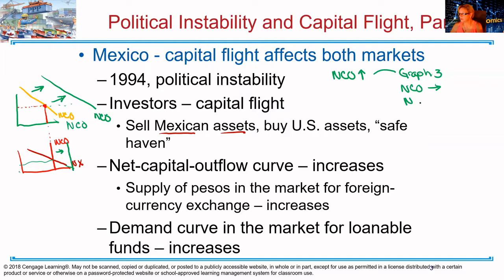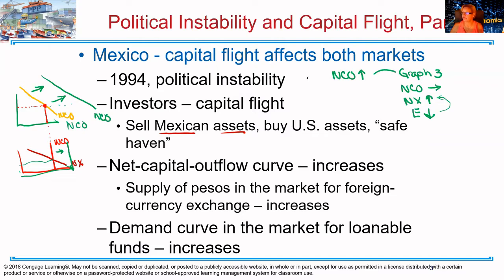Net exports, exports minus imports, are going to increase, and the real exchange rate, as you can see here, decreases. Really, the real exchange rate decreasing is the first thing that happens, which is the reason why exports increase so much. These are not necessarily in exact order.